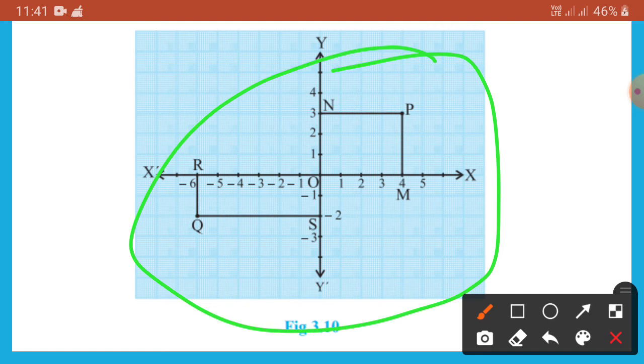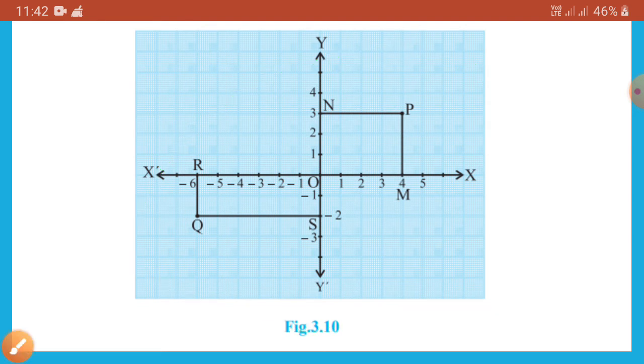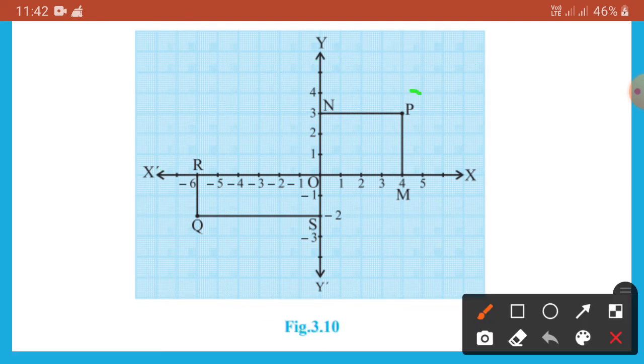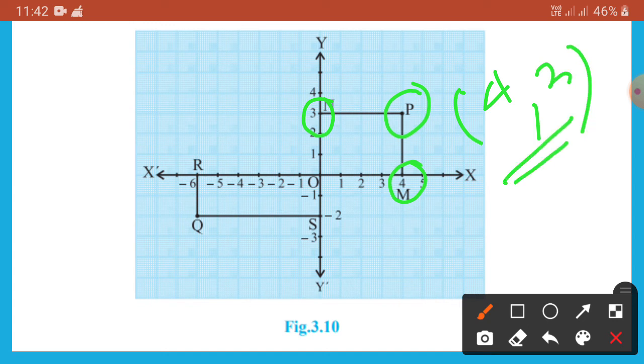Then we place the coordinates in brackets. Hence the coordinates of point P are 4, the value of x first, and the value of y, that is 3. That means the coordinates of point P are (4, 3). Coordinates of Q are (-6, -2).